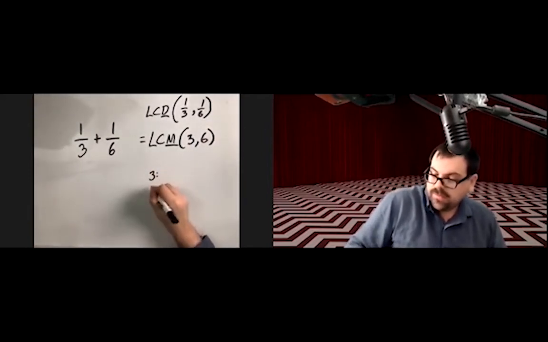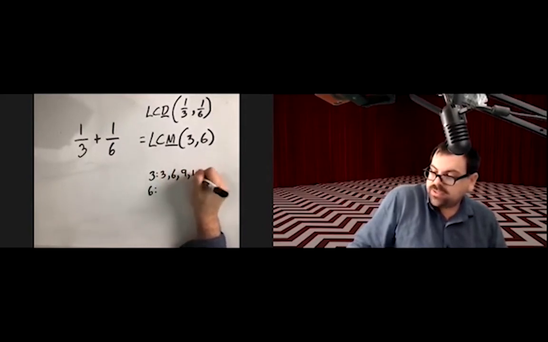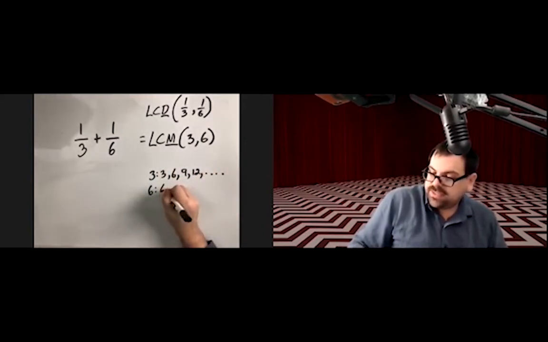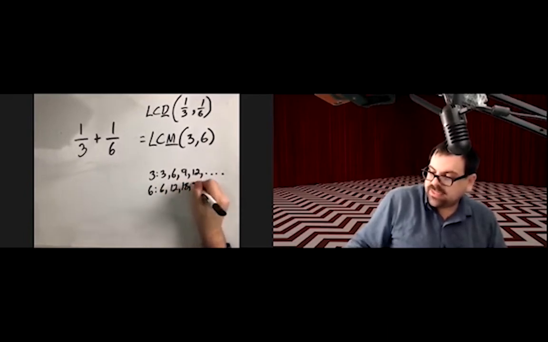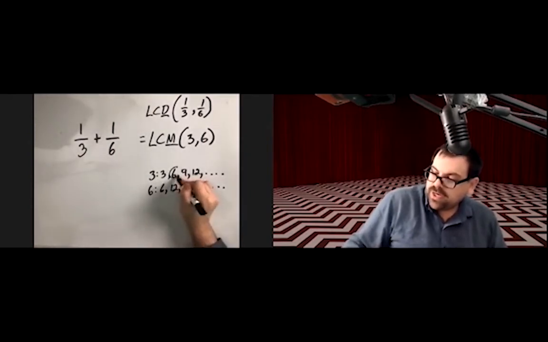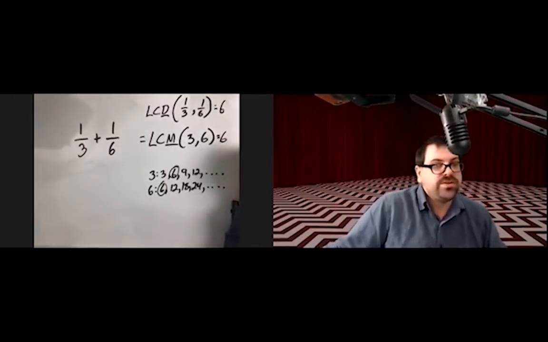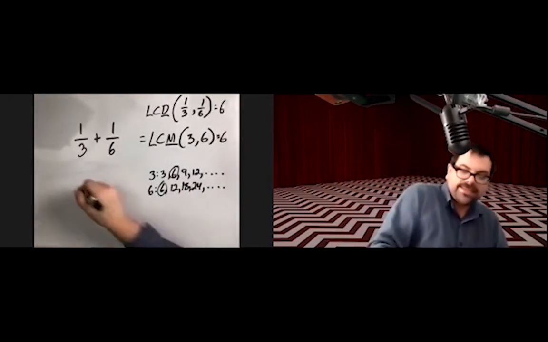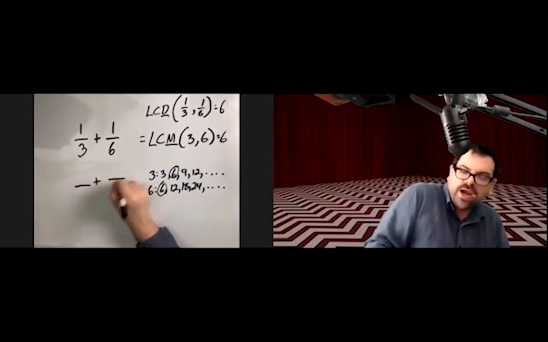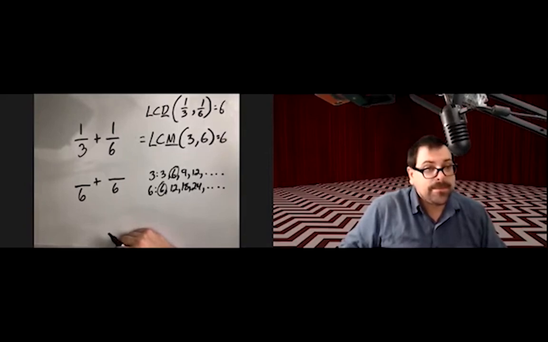Well, we skip count. 3, 6, 9, 12, etc. 6, 12, 18, 24, etc. And the first number in common is 6. The least common denominator of the two fractions, the least common multiple of the two numbers, is 6. That means we want to rewrite both fractions as sixths.